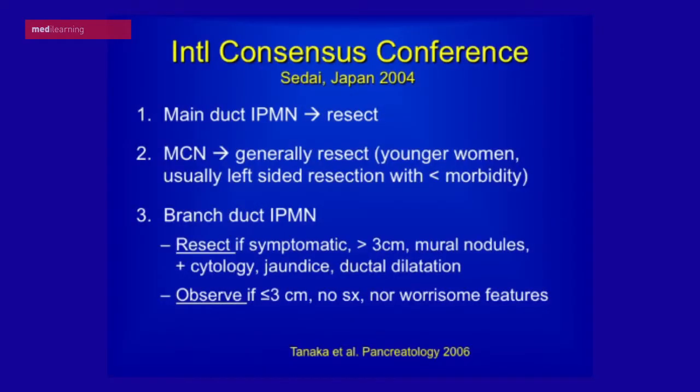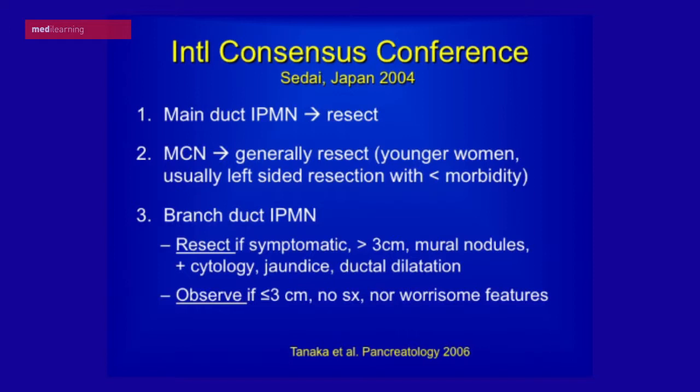Whenever there's debate in surgery, we form consensus conferences. And there's several have occurred with regard to cystic tumours. And probably the one that we all relate to was in Japan in 2004. And the ruling decision from the management of these patients was that we resect all main duct IPMT. Mucinous cystic tumours, again, we generally resect those patients.